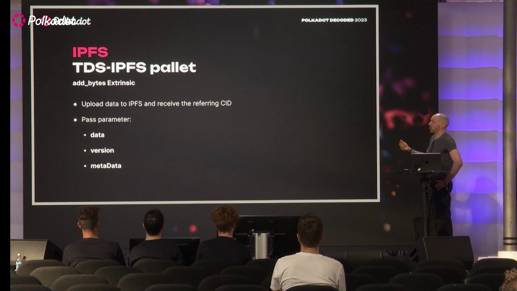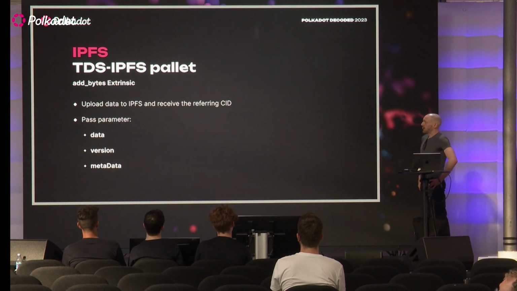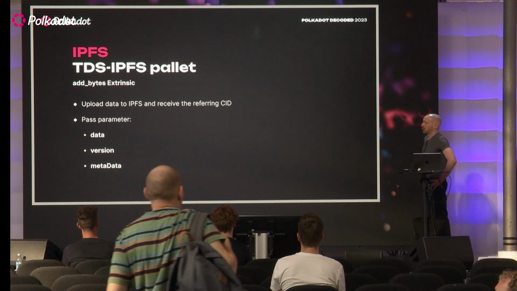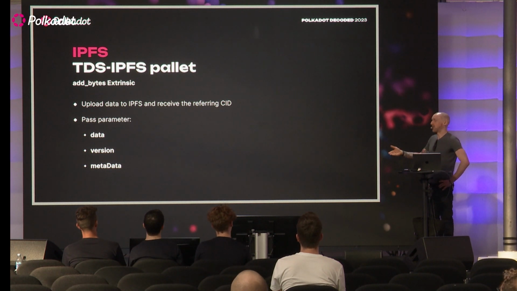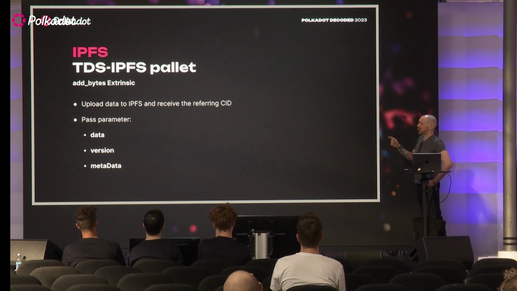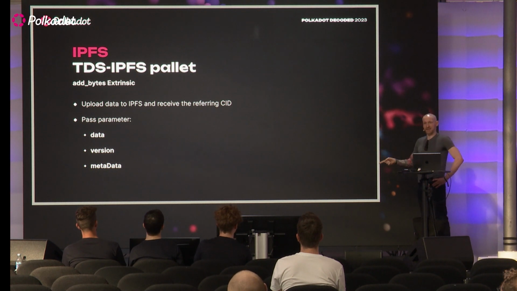You should actually use version 1, but we also kept version 0 for legacy reasons. And then there's metadata, which can also be used to identify the data apart from the CID. This data is not going to be added to IPFS, but will be written on-chain, so keep it low.